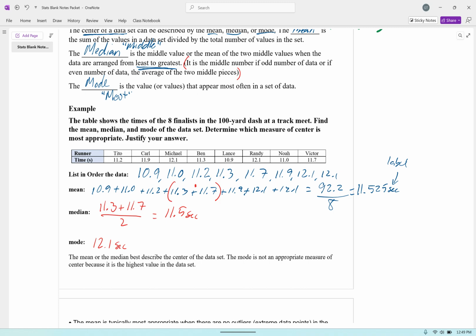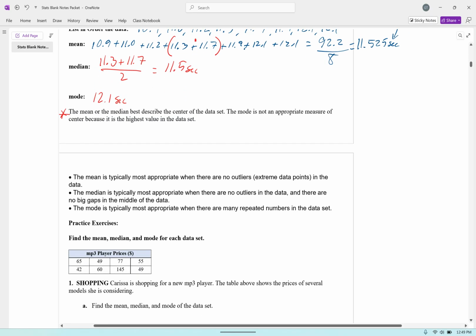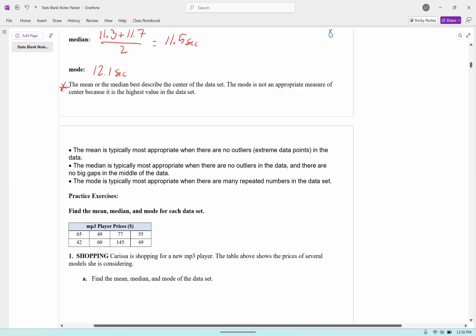All right. Now, part of what we're trying to do is figure out which best represents the center of this data. So we have to look and think critically about whether the mean, median, or mode represents the center value the most. Now we have a little bit of guidance right here with these bullet points. The mean is typically most appropriate when there are no outliers, okay, an extreme data point.